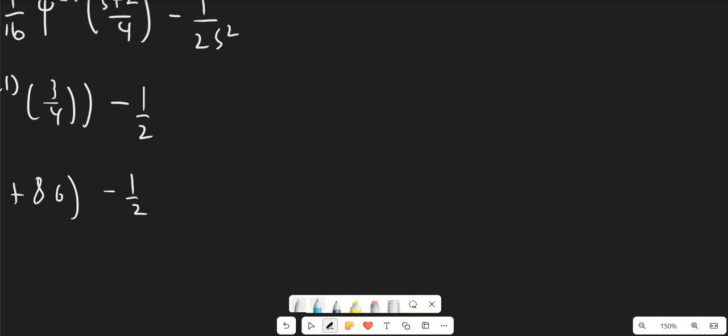Because of the way that the trigamma function is defined, we have that trigamma of x equals the sum from 0 to infinity of 1 over (n plus x) squared.